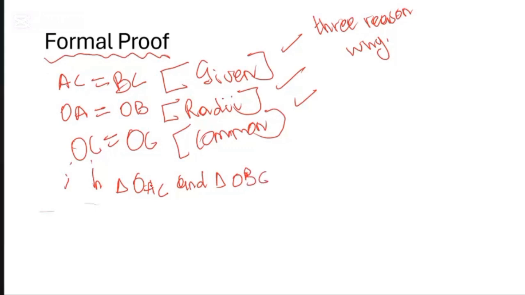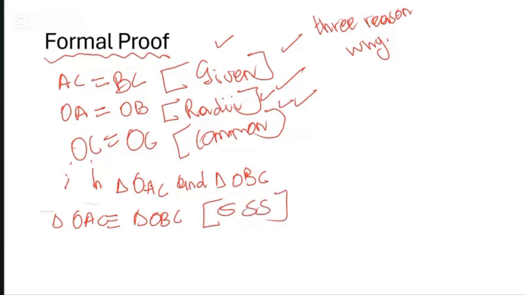So what are you going to do? You are going to say that triangle OAC is congruent to triangle OBC. You are going to state the reason why. The reason is because you have proven a side, a side, and a side, so basically it's SSS. So that is your reason. Therefore, you conclude, the RTP was what?